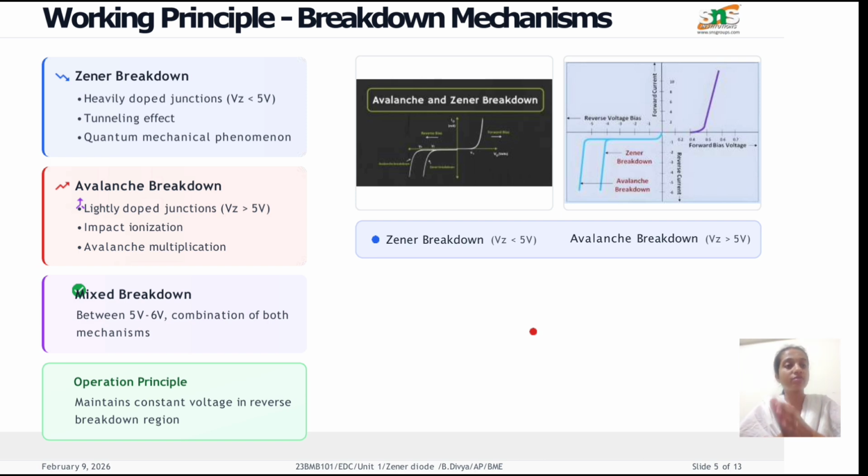In between 5 and 6 both mechanisms occur. The operating principle is that it maintains a constant voltage in the reverse breakdown region. As I told you already, at 6 the current increases drastically, whereas in avalanche breakdown there is a minimum amount of voltage and the current also increases. Okay, thank you.